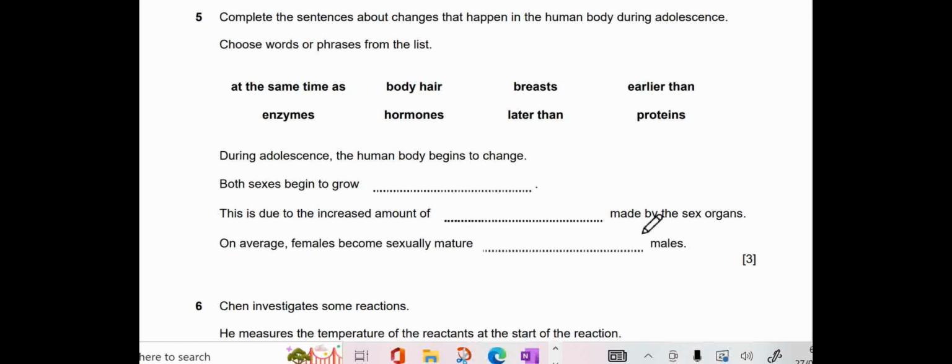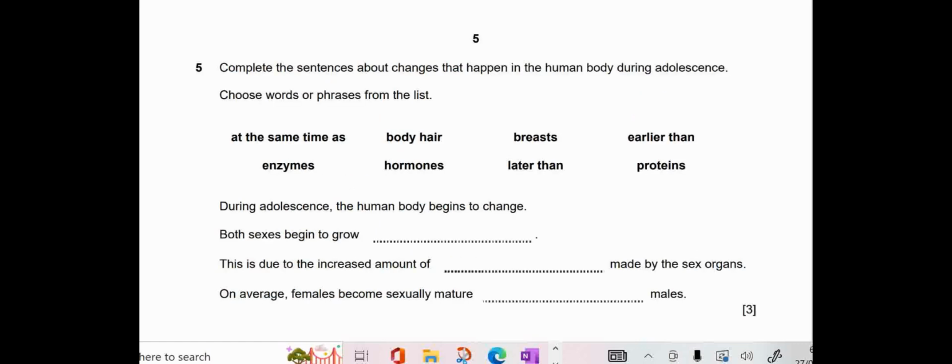So we have to match this answer. Both sexes begin to grow body hair. This is due to the increased amount of hormones. On average, females become sexually mature earlier than males. That will be our answer.